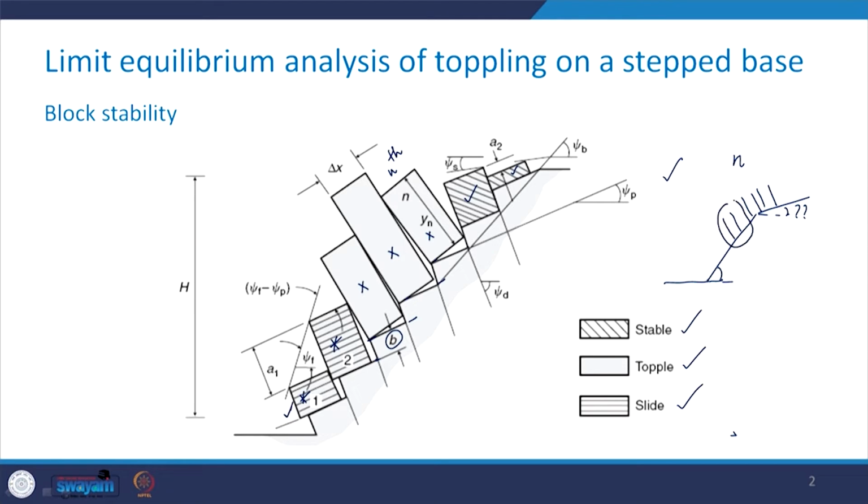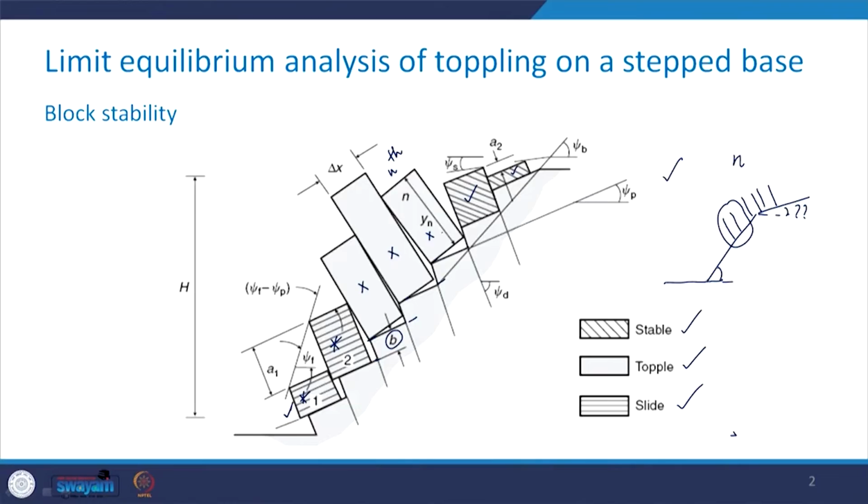Depending upon where this nth block is located, you can obtain the block geometry as we have discussed in the previous class. Here you can see that for the nth block, we have taken the height of the block as yn.